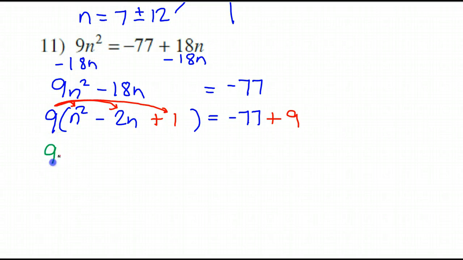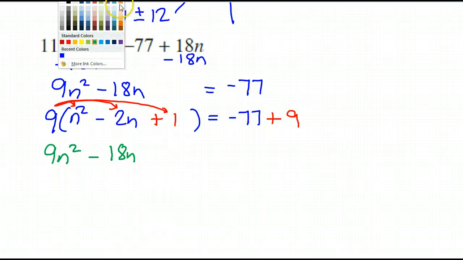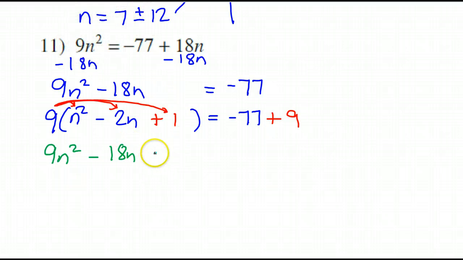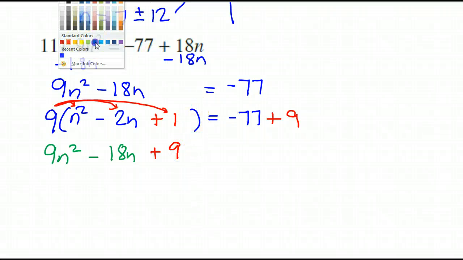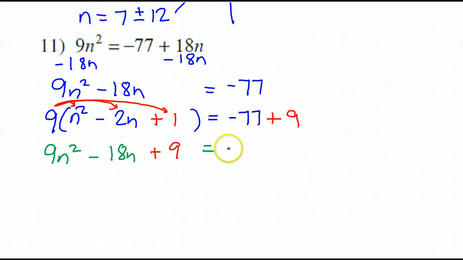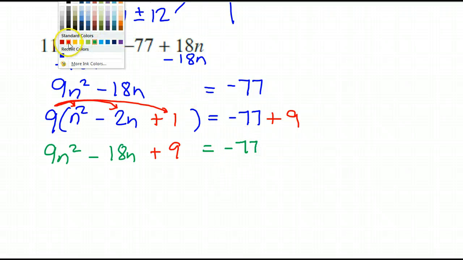I would get 9n squared minus 18n, and then I'd have, let me make that red so it stands out, plus 9. And then I'd have the rest of it, so negative 77. And here I've added 9.